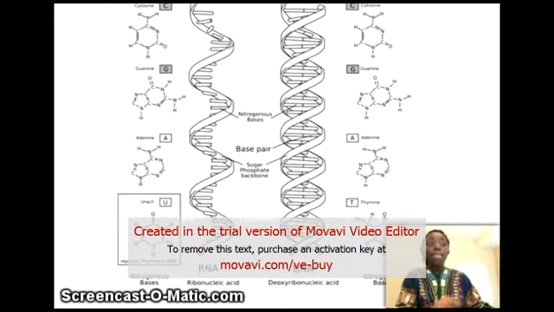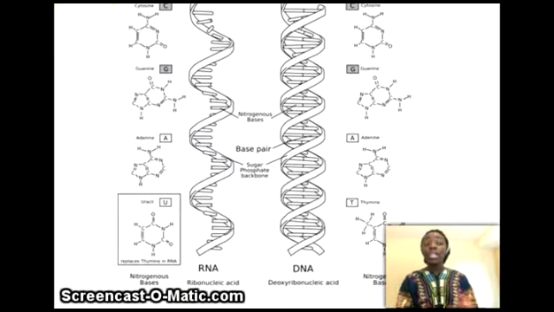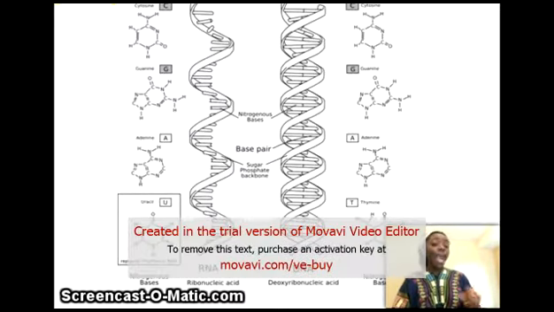It also has 4 different nitrogenous bases. It has adenine, guanine, and cytosine, just like DNA, but instead of thymine, it has uracil. So know that RNA has that U and DNA has the T.